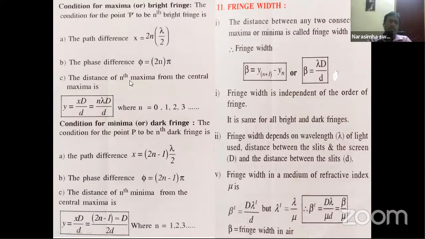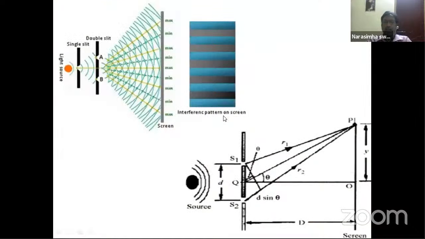Now the distance of the nth maxima from the central maxima is y equal to x D by d. What is x? It is the path difference. D is the distance between the screen and the slit.